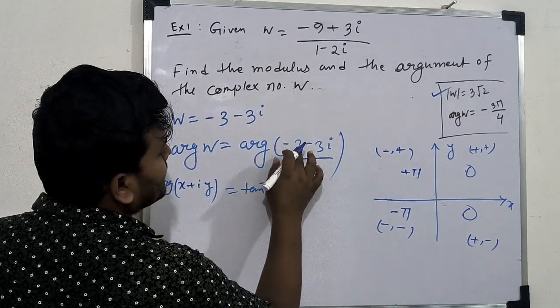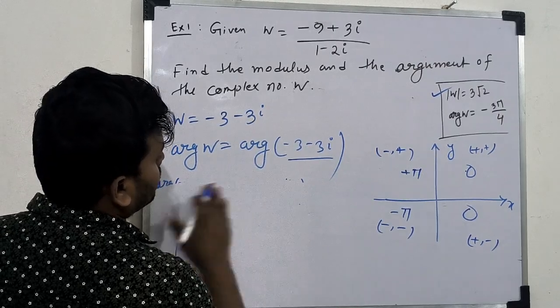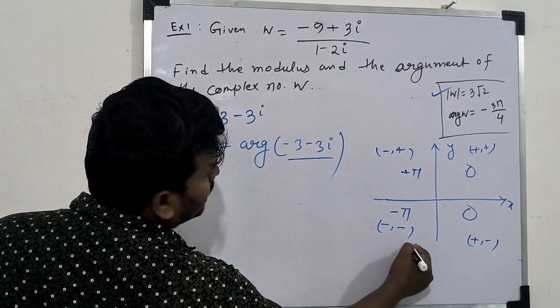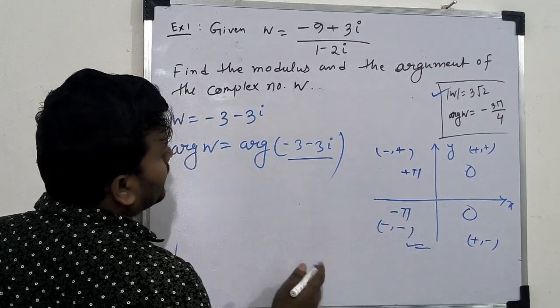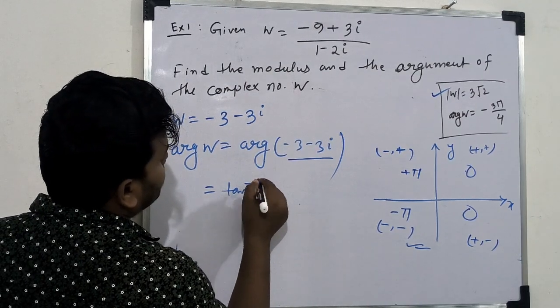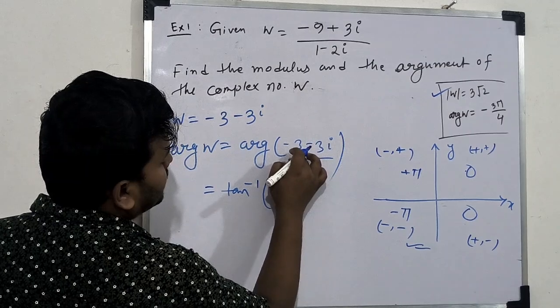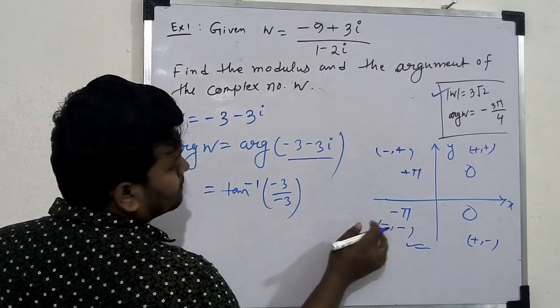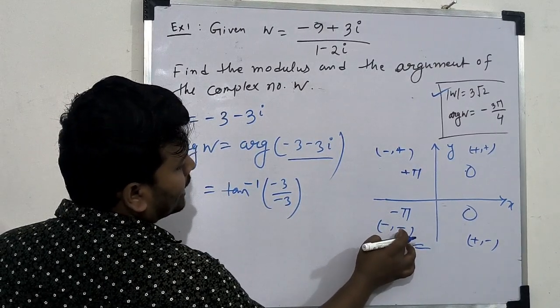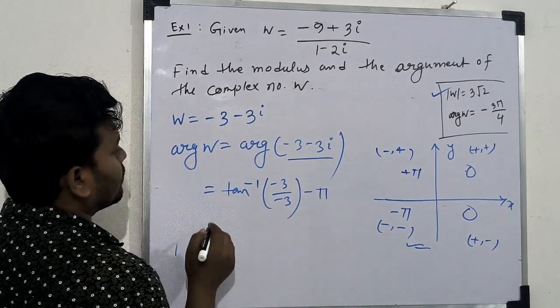So in this case x and y both are negative, so it will be in this quadrant. From this we get tan inverse of minus 3 by minus 3, that is y by x, and as x and y both are negative, we add minus pi with this to get the argument of w.